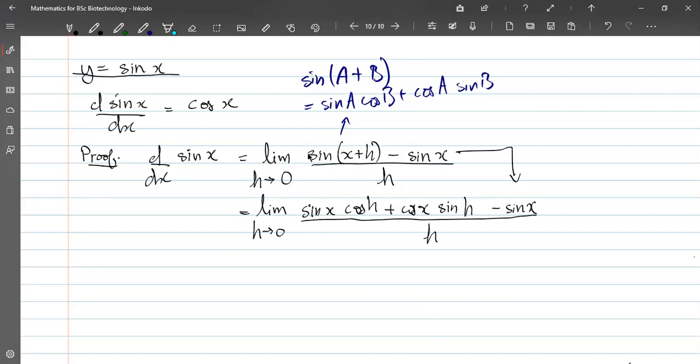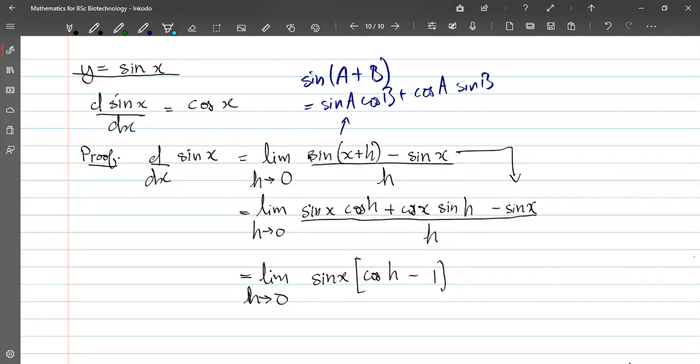divided by h. But this is more complicated than what we've done in the previous two cases, because nothing actually cancels out. But you do have something common here. So if you take what is common, sine x times cos of h minus 1, correct?